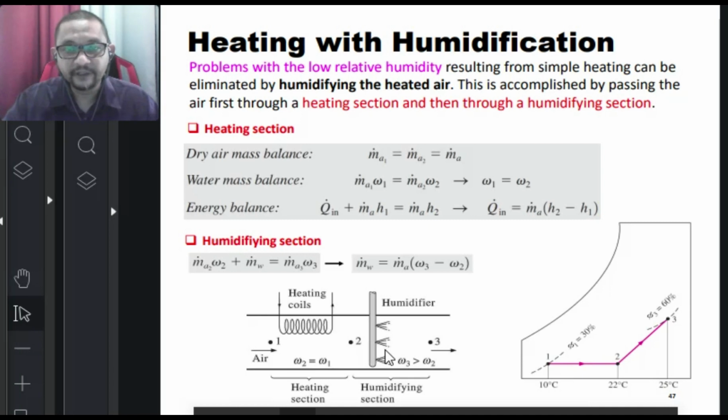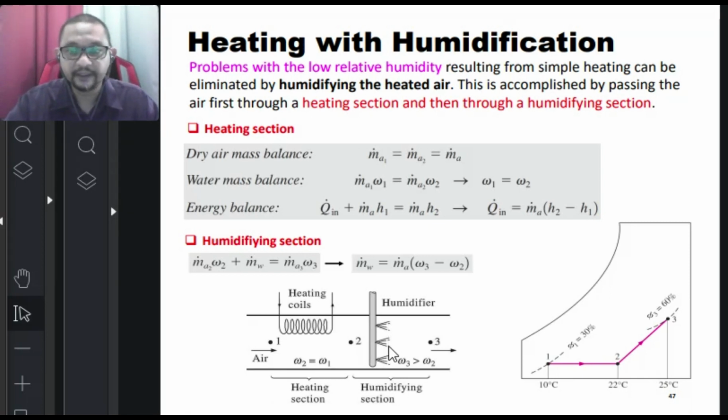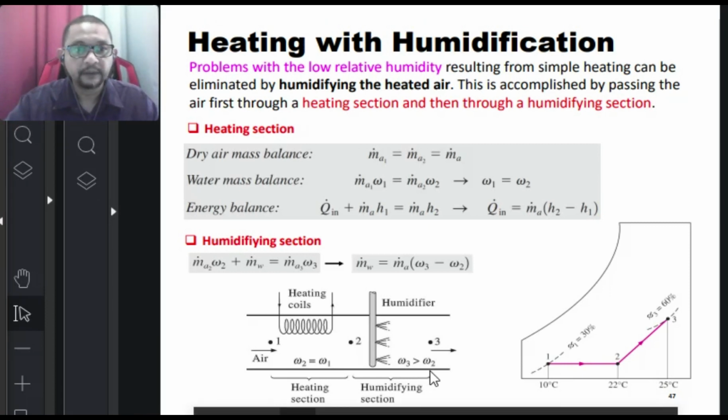But when we use steam spray at this humidifying section, the temperature at T3 increases compared to T2. Actually, the behavior of the humidifying section depends on which one is used, either water or steam.